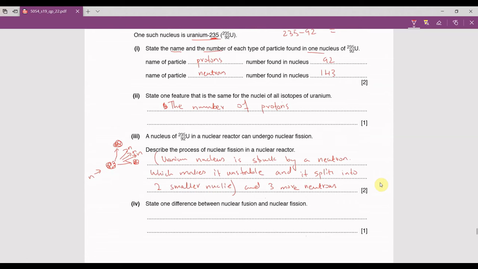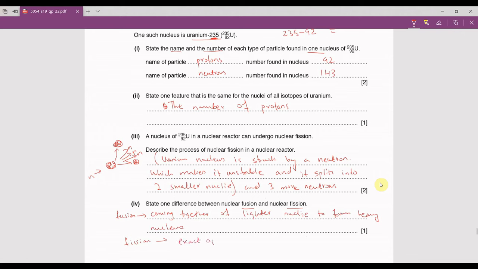So state one difference between nuclear fission and fusion. The main difference is in their definition. Fusion is the coming together of lighter nuclei to form a heavy nucleus, and fission is the exact opposite.